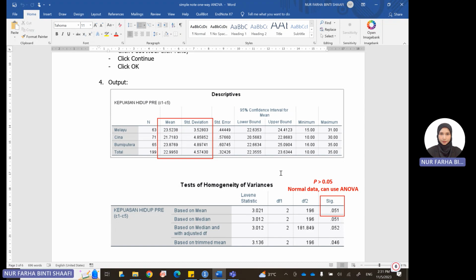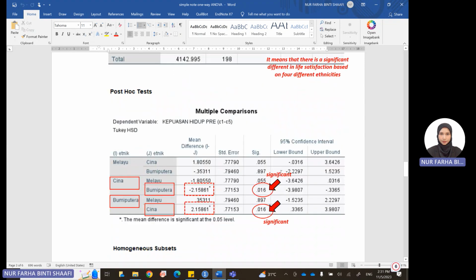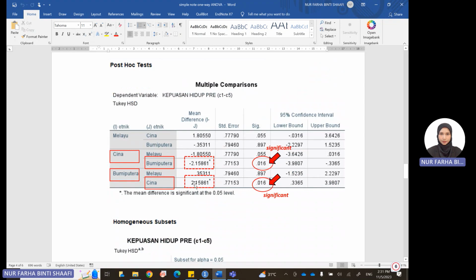2.1 just now is what? The mean difference. The mean difference, not the total. This is the total mean for Chinese and Bumiputra. But for Anova just now, the comparison just now, 2.1 is the difference of the mean. Understand or not?